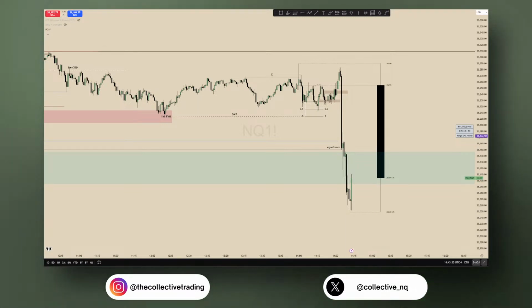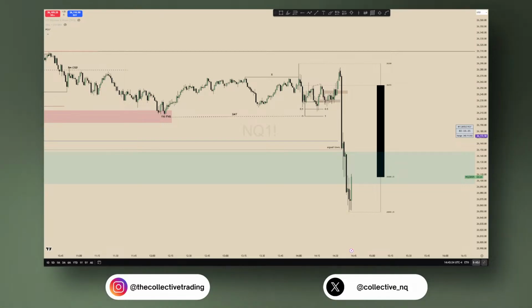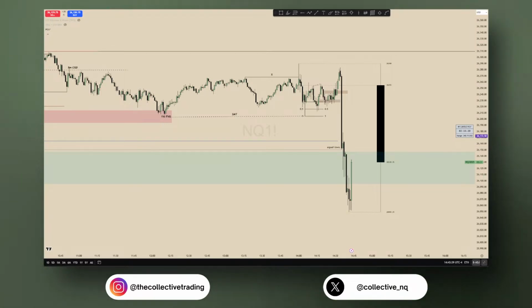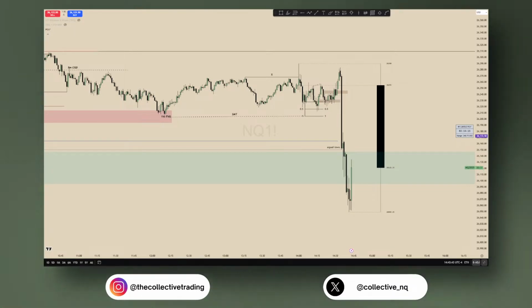Might be the only retracement we get. A minute until the 15-minute closes.